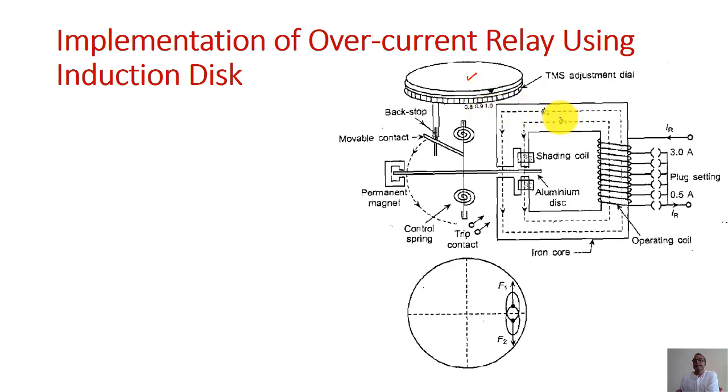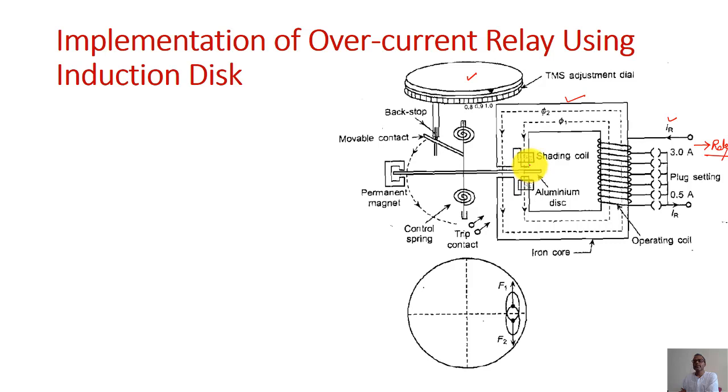Next, this is one electromagnet where the coil is wrapped and the coil is connected to the relay circuit. You can see here IR is your relay current. As soon as the relay current passes through this, flux is produced in the electromagnet.